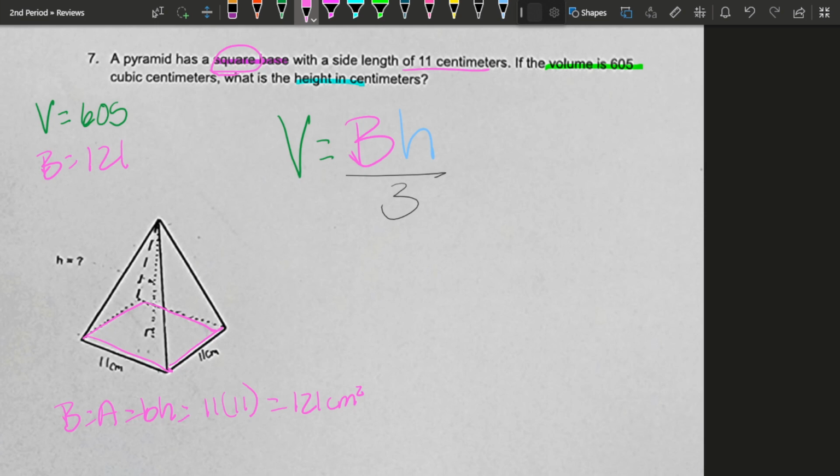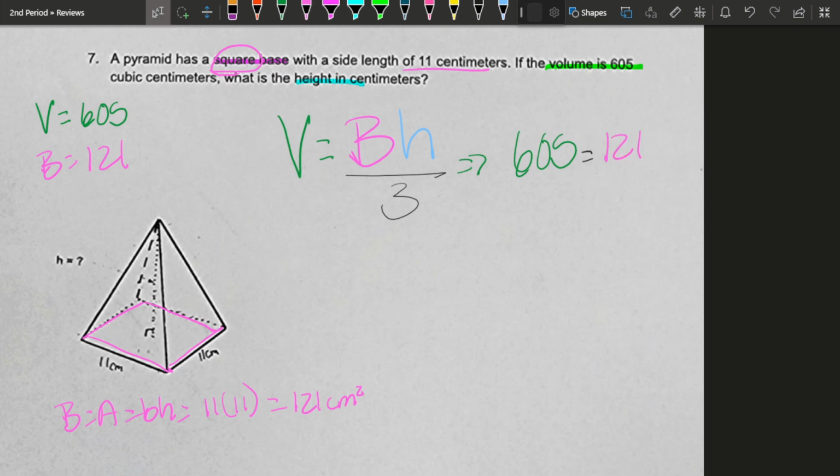All right. So do we know H? No. So we're going to substitute the values that we know into the formula. So instead of V, what am I going to put? 605. Instead of B, what am I going to put? 121.